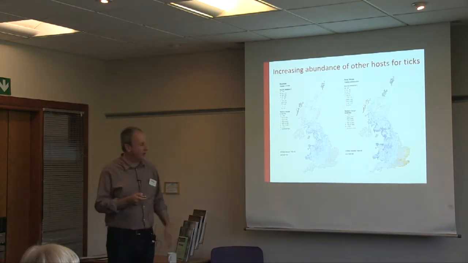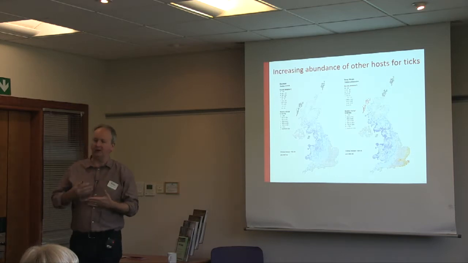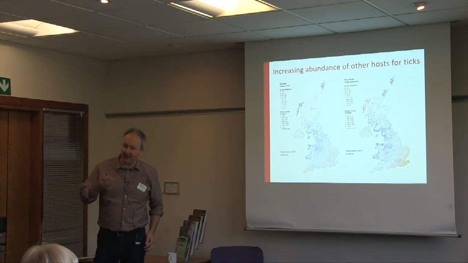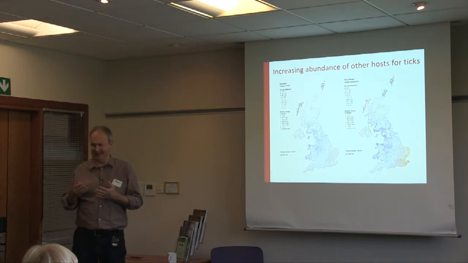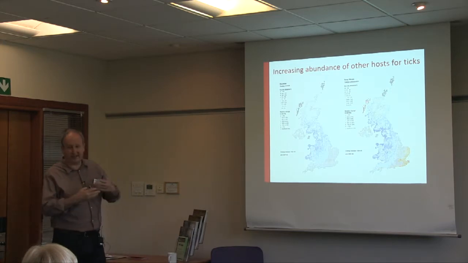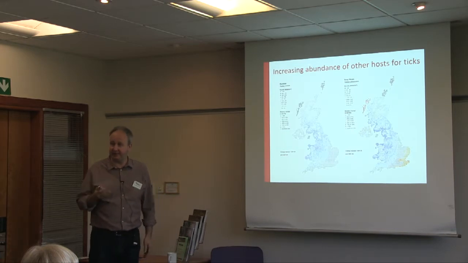Okay, so what we need to consider before we put all the blame of the increasing tick abundance on deer is to think about the other hosts that are providing blood meals for ticks. And as I said, these ticks are catholic feeders. They'll feed on anything that they can come into contact with, and frequently they'll feed on foraging birds.